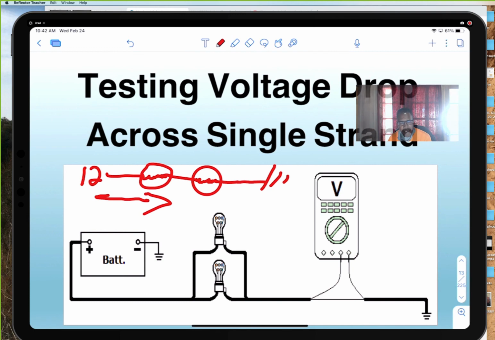Okay, that's a series circuit, one path to ground. Now, if one light goes out on this one, guess what? Will it affect this light also? Will it affect this one? Yes, it will. They both go out because current has nowhere to flow now. There's only one path.